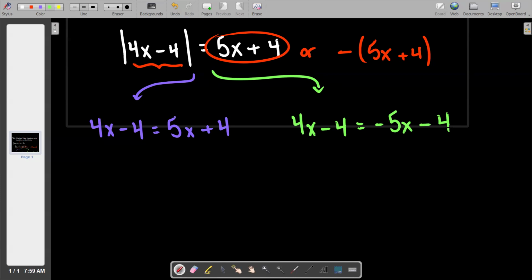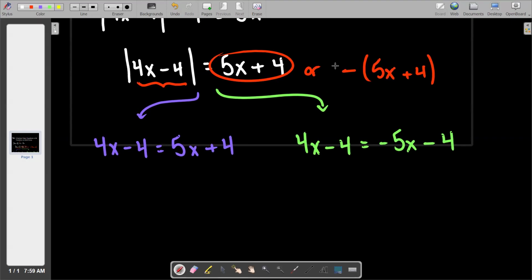I wrote what I wrote previously because I wanted you to understand that there's a negative distribution happening here. Up here in the right-hand corner of the TV, you can see that the opposite of a quantity means you have to take the opposite of everybody in the quantity. So the opposite of 5x is negative 5x, and the opposite of a plus 4 is a minus 4.